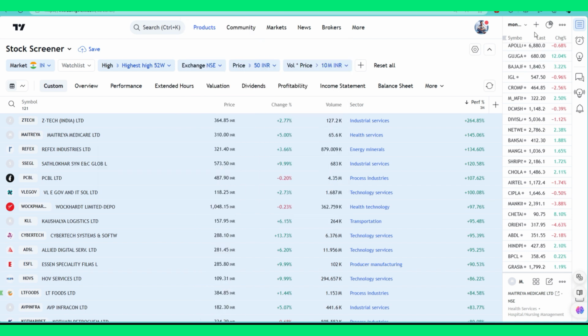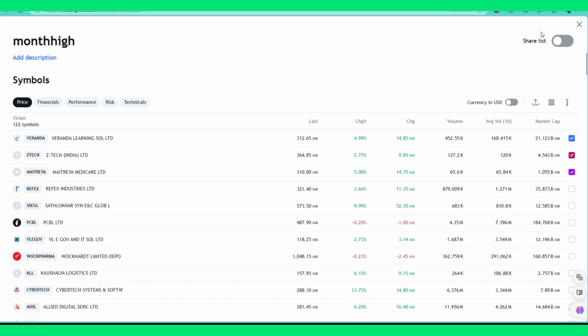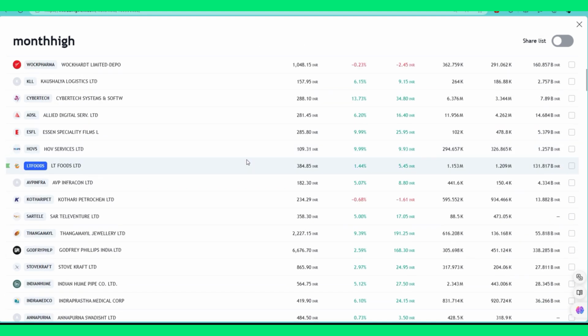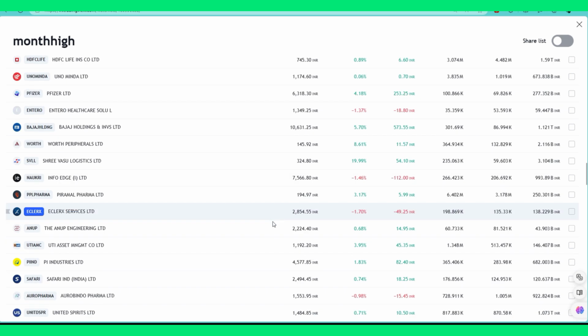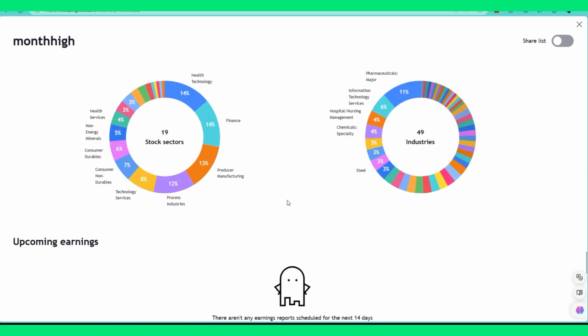And here, if we go and see symbol distribution, we can see that health technology is quite high, finance is very high.